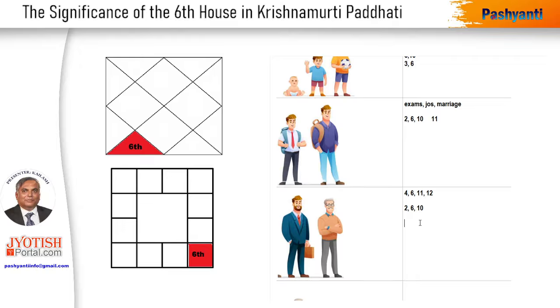If the majority of the planets are significators of 2 and 6 and 10, that is what Krishnamurti has mentioned, then a person will have good material success in life.